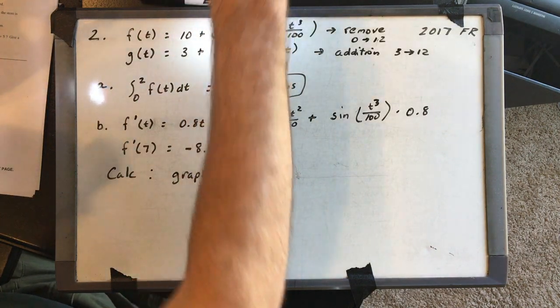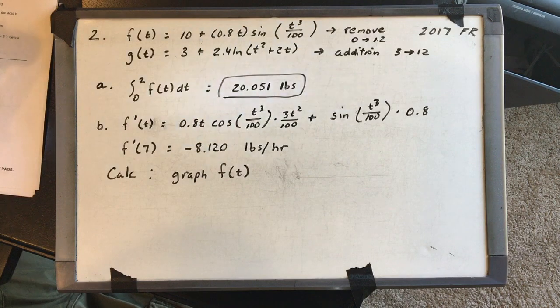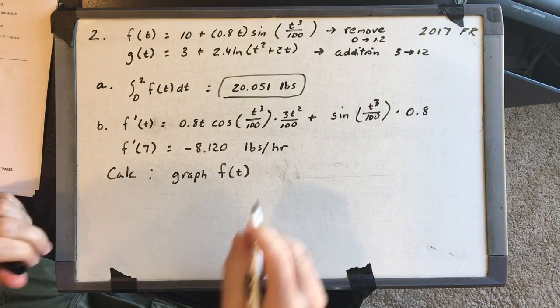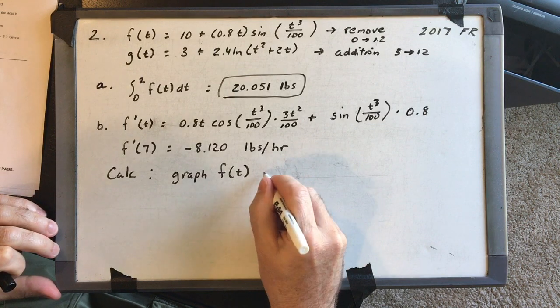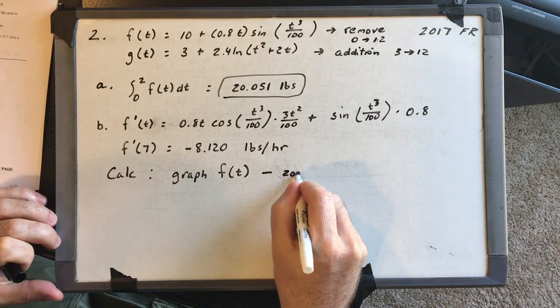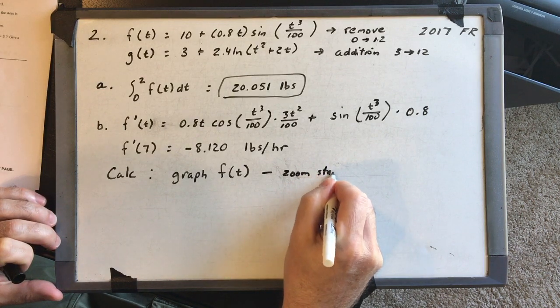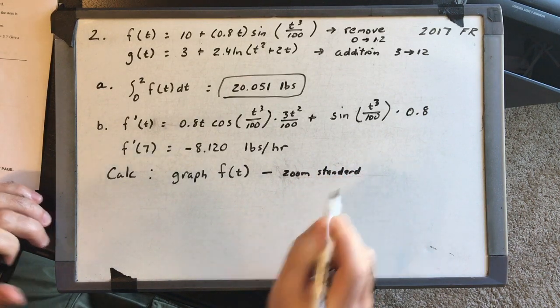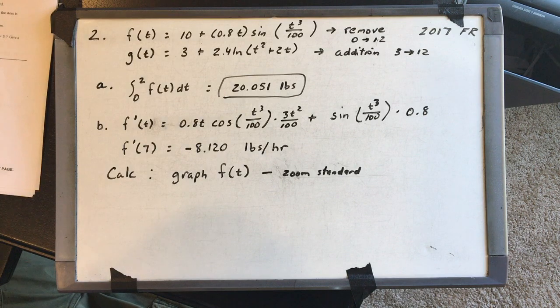I think it would be faster, since you get to use your calculator. All right, so graph f of t, and then it doesn't really matter, but you can zoom standard. You could zoom in if you want, you could zoom out if you want.